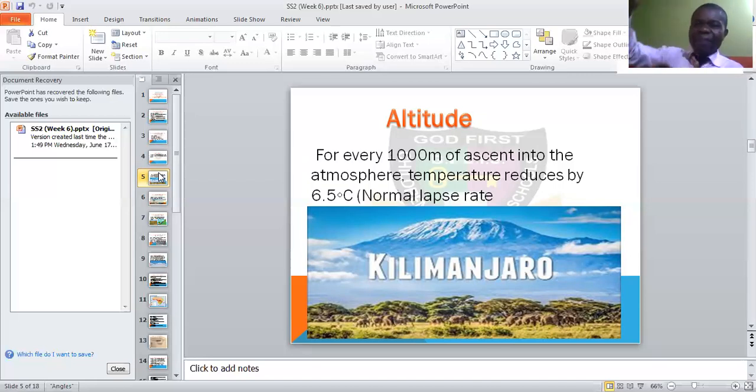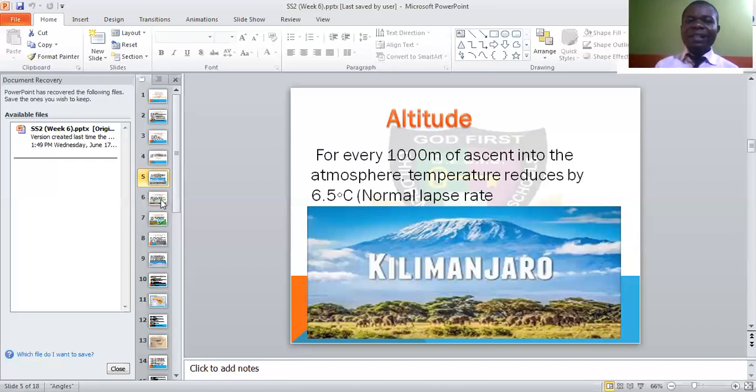So those living in mountainous areas, like we discussed last week, always have cold temperature. The higher you go, the colder it becomes. So where you are, whether high or low, affects climate too, affects what happens in that particular region.